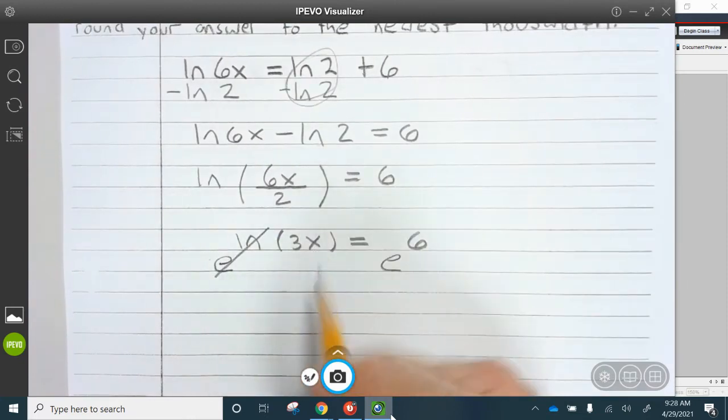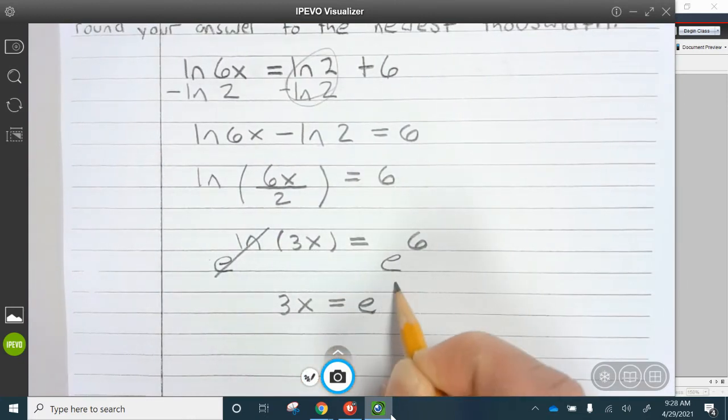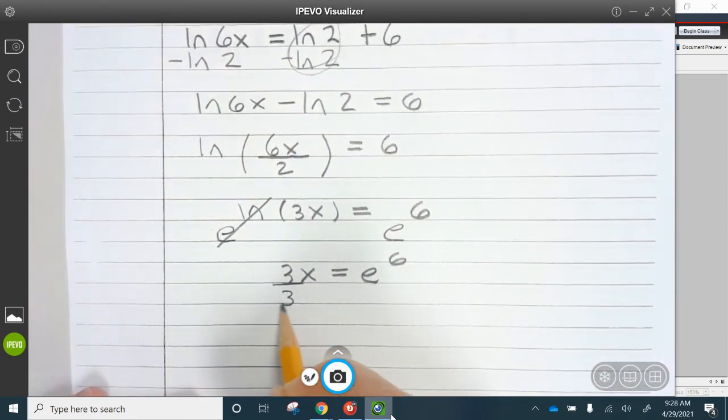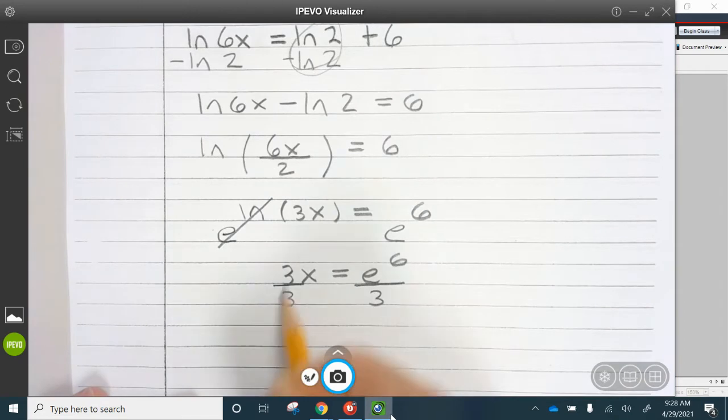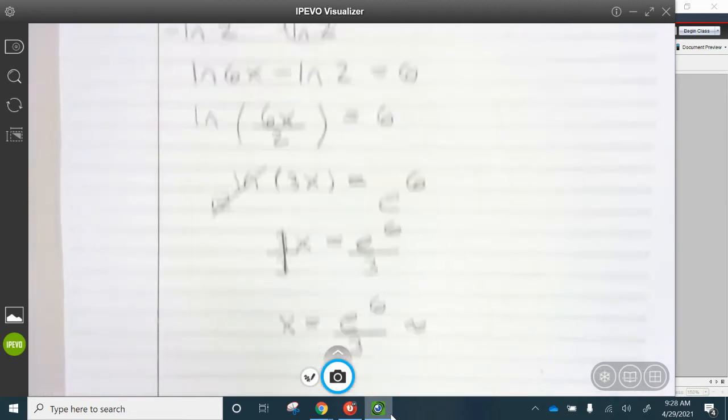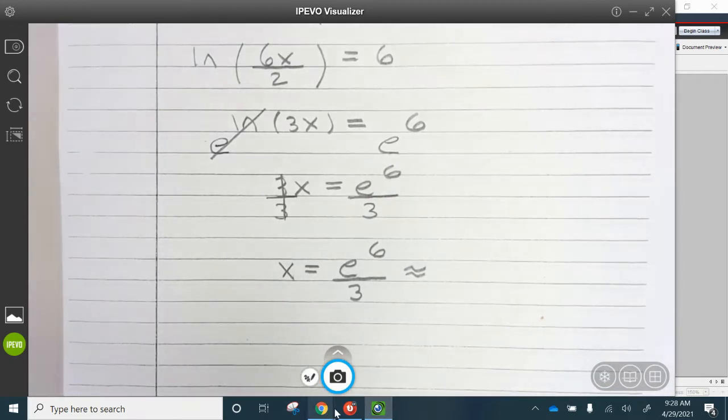Raise both sides by e. This cancels. You're left with 3x equals e to the 6th. Divide both sides by 3. Divided becomes 1. X equals e to the 6th divided by 3, which is approximately, let's put that in our calculator.